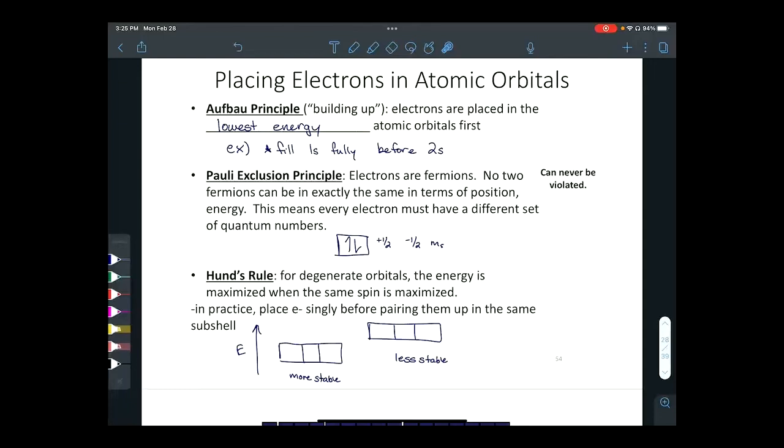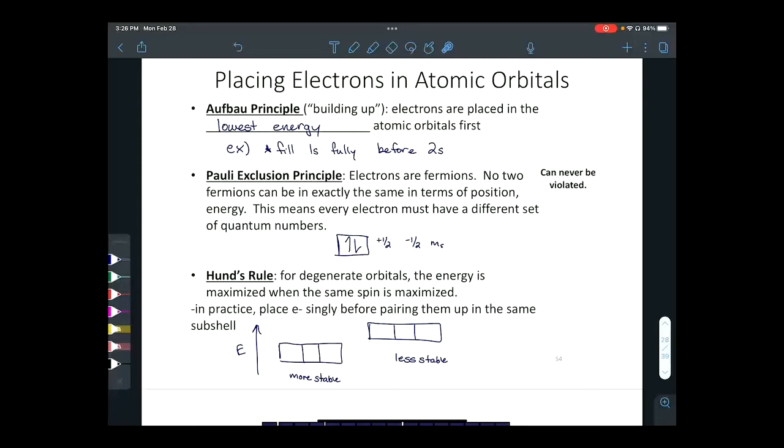The next rule to help us fill is Pauli's exclusion principle, which just says that no 2 electrons can have the same 4 quantum numbers. In practice, that just means if 2 electrons are in an orbital, one must be spin up and one must be spin down.